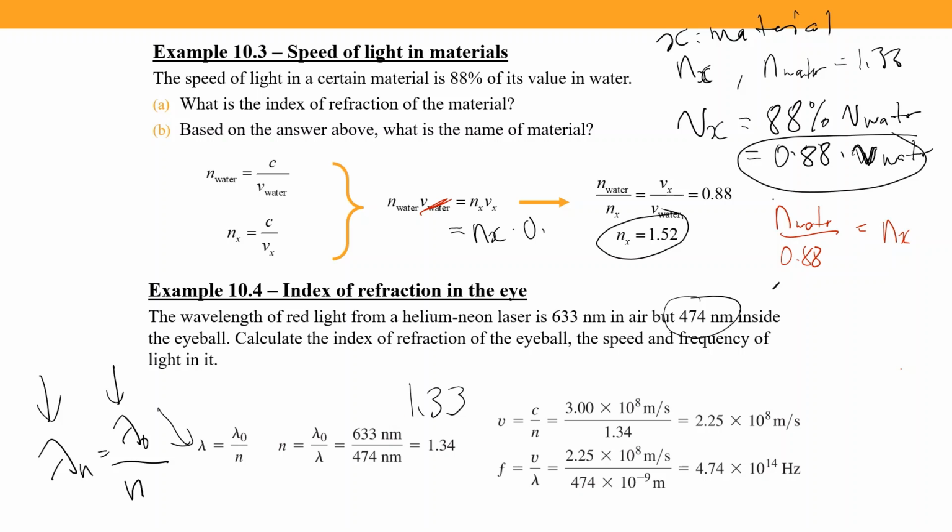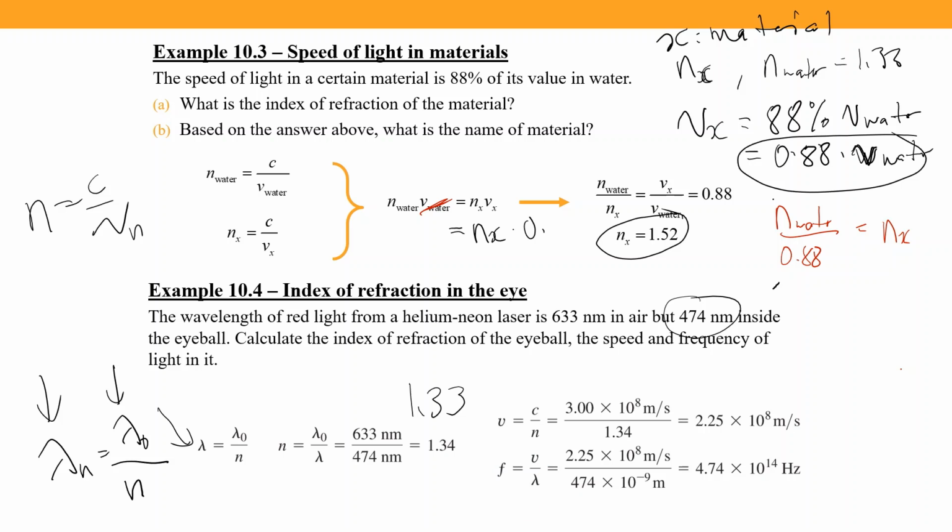And then we have to find the speed and also the frequency of light. For the speed, we can use the equation from before, where n equals C over Vn, and Vn means the velocity in the material. You use this and calculate V, and you get the answer as 2.25 times 10 to the power of 8 meter per second, where C is the speed of light and n is the index of refraction.